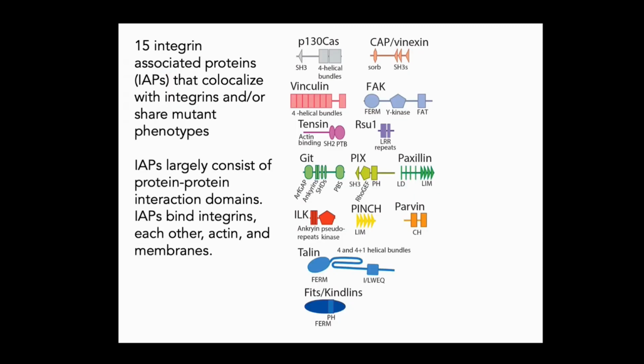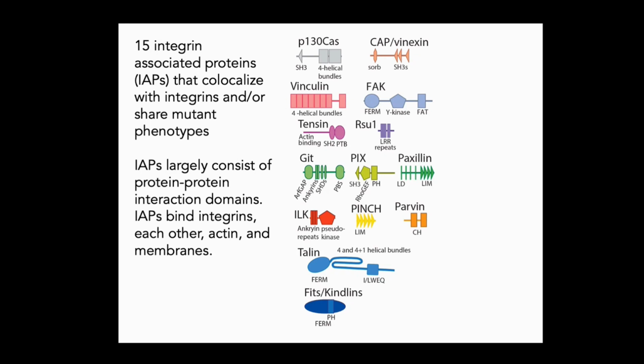So here's just some diagrams of these proteins. The main thing is looking at them and the work that's been done on their function actually doesn't really help you understand what they do. So all these little various boxes, triangles and rectangles represent conserved protein domains, the main function of which is to stick to things, either other proteins, the membrane, or actin, for example, another protein, sometimes lipids in the membrane.